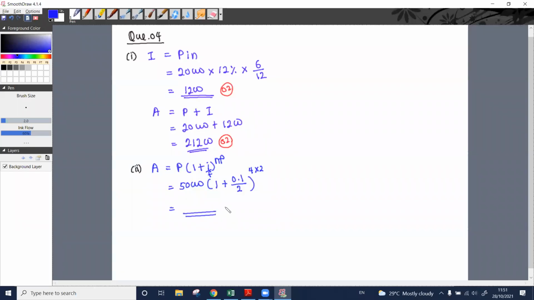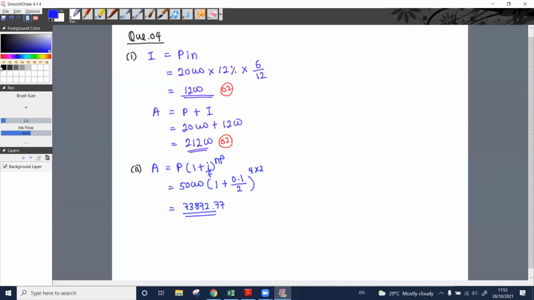Total amount at the end of the given period should be 73,872.77.